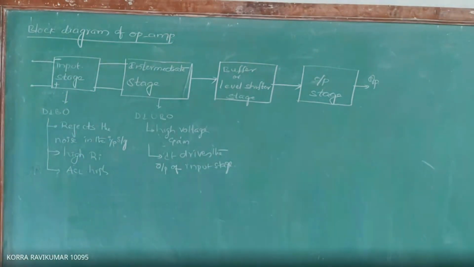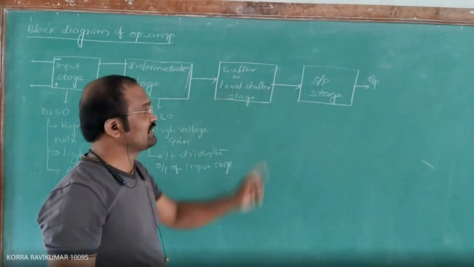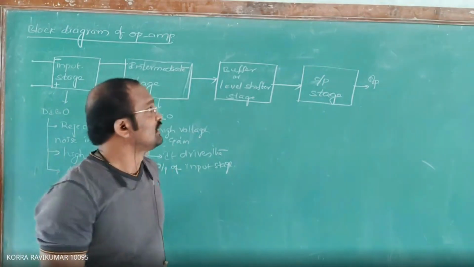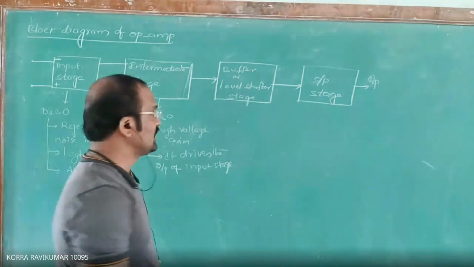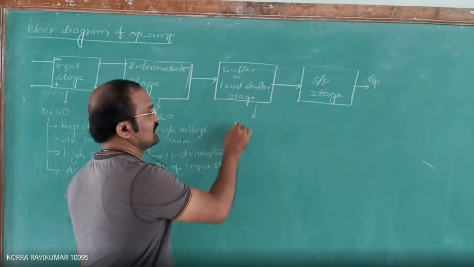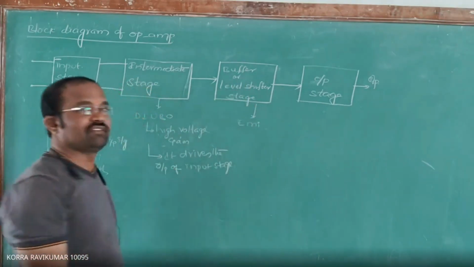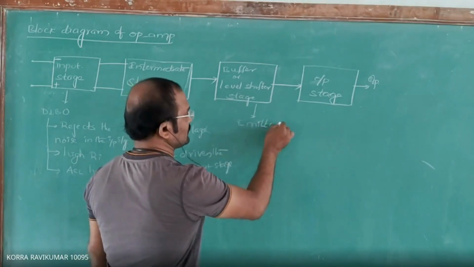Next, if you come to the buffer or level shifter stage, we can also call this the emitter follower circuit.